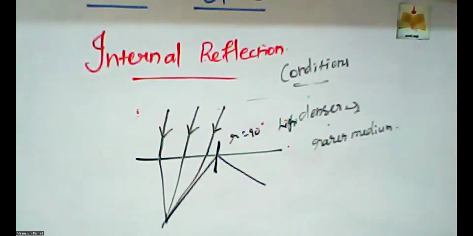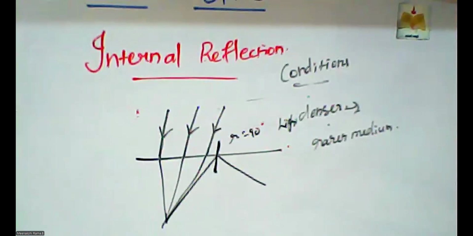Where does it occur? In summer, water appears to be on the road. In summer, the air near the ground becomes hotter. The hotter air is less dense and has a smaller refractive index than the cooler air above. So the ray of light bends away from the normal, and internal reflection occurs. In the summer season the ground area is hotter, and the air near it is also hot, so the air is less dense with a smaller refractive index than the cooler air.